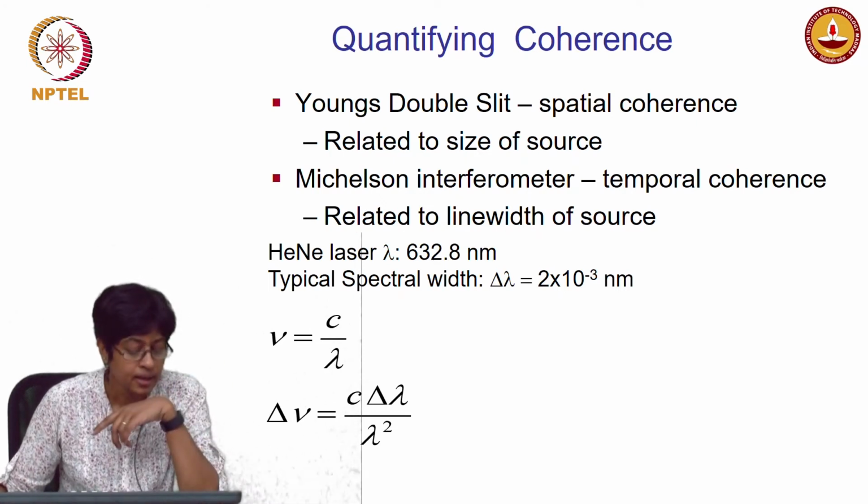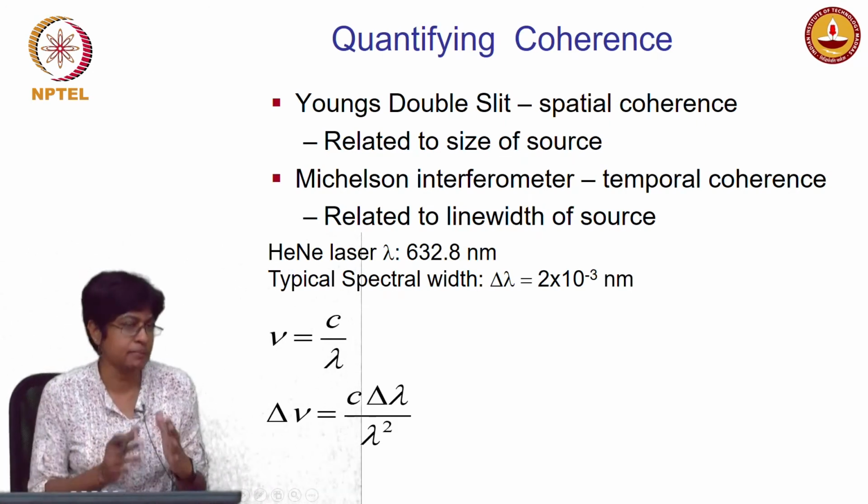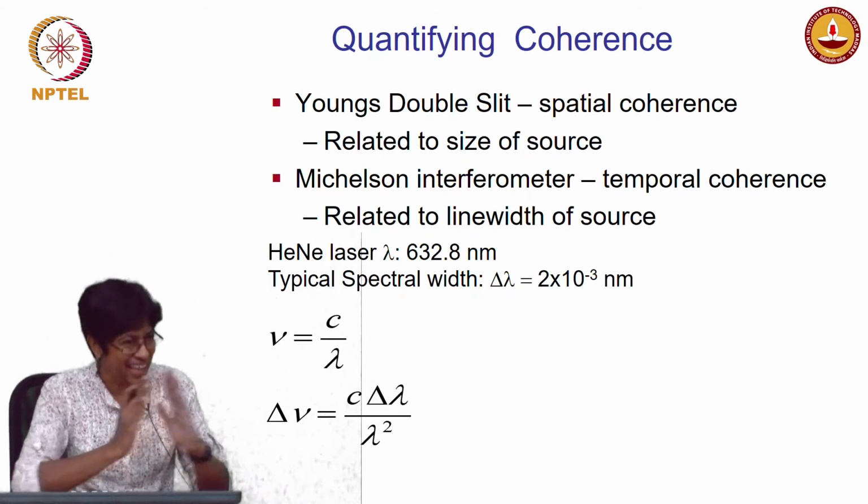If I differentiate this expression so that I'm able to relate the spread in frequency to the spread in wavelength, you will get delta nu is equal to c delta lambda by lambda squared. I'm not worried about the minus sign because I'm worried about the range of values.